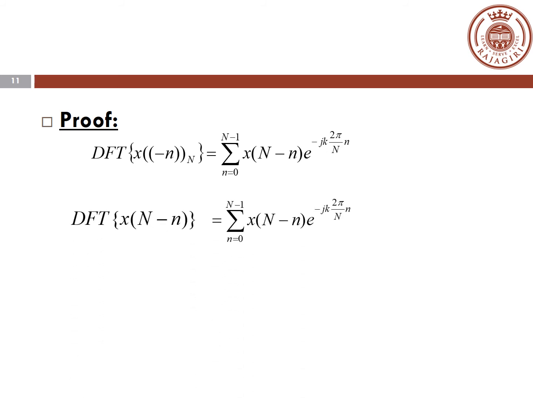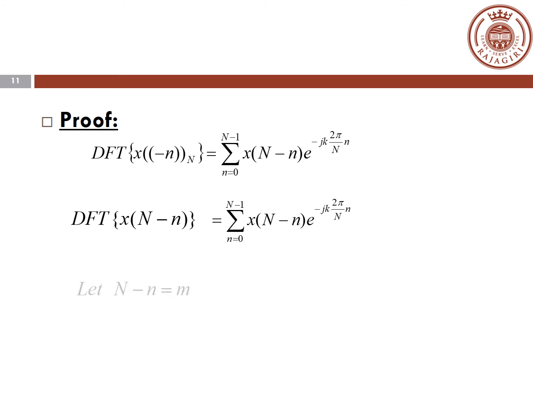Let's move into the proof of this. I have to find the DFT of x of minus n circular time reversed. So in that case, I can denote x of minus n as x of N minus n. Now it's a mere substitution, as we have seen in the previous proof also.